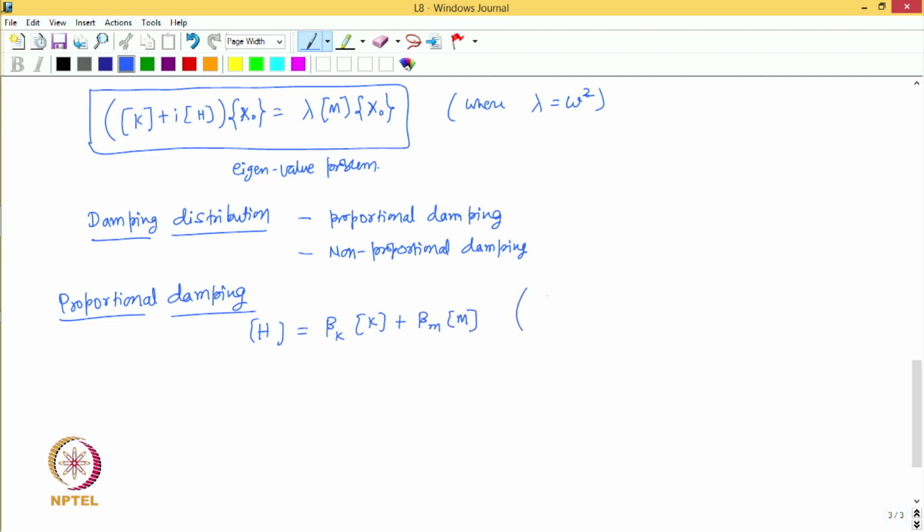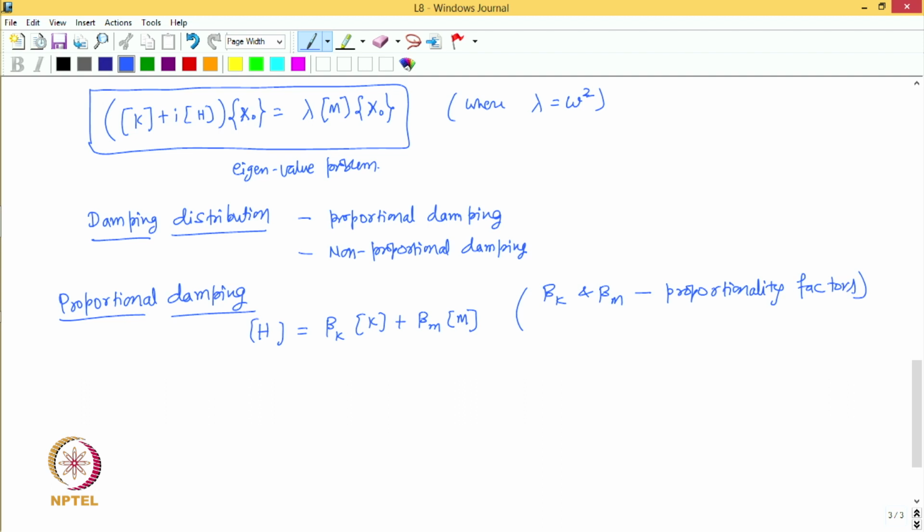So, here beta k and beta m are proportionality factors. Okay. So, this is the proportional damping.